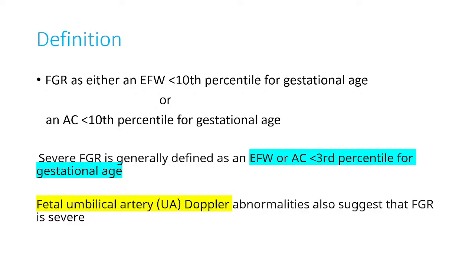So, if the Doppler indicates that there is restriction of blood flow in the fetal umbilical artery, then it is also called severe fetal growth restriction. I will tell you what the abnormalities are, and I will show the diagram also. So, severe means less than 3 percentile or an abnormality in the fetal Doppler. Got it.